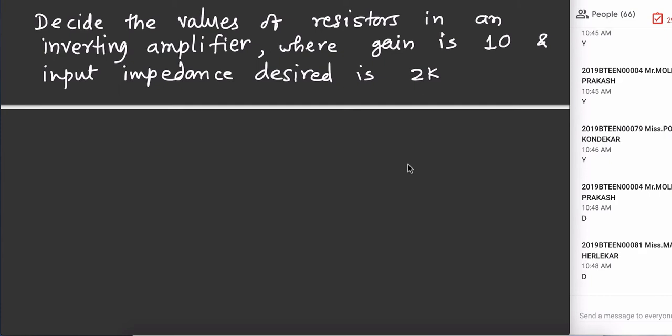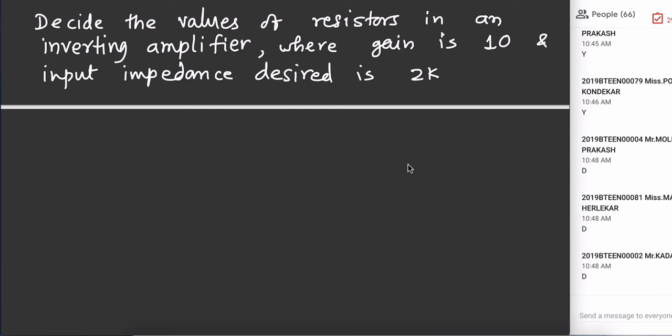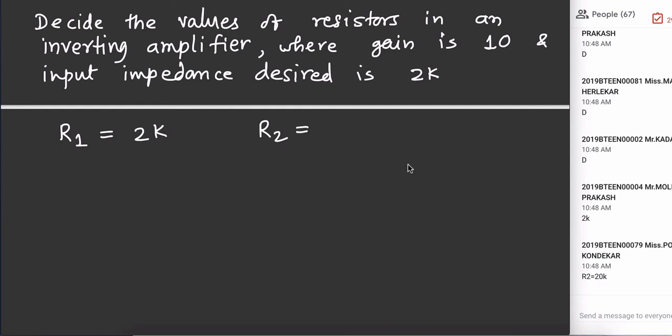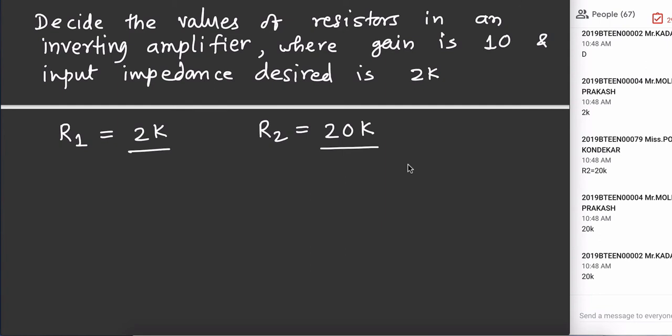Right. So what is the answer? Value of R1 is obviously 2K, and value of R2 is equal to 2 into 10, that is 20K. Right. So we are able to make decisions which will be useful in implementing the circuit, creating the circuit, designing the circuit.